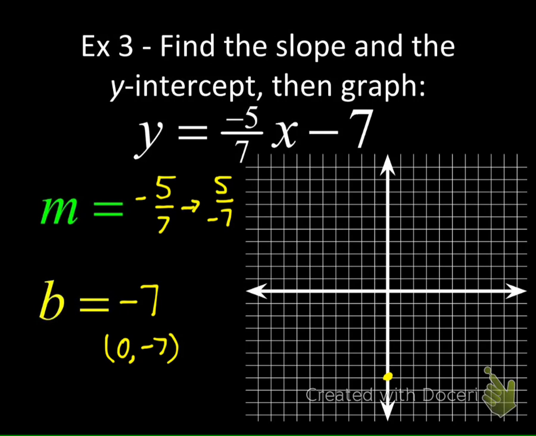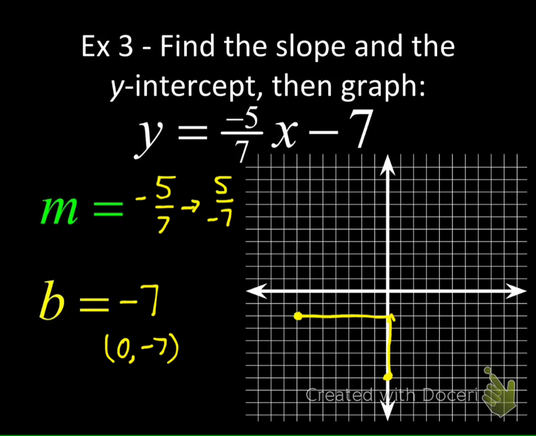Your next point would be down 5 and then right 7. Well, you can't do that, but we do know that the slope is going to be negative. So I'm going to go up 5. 1, 2, 3, 4, 5. And then left 7 because it's negative. 1, 2, 3, 4, 5, 6, 7.